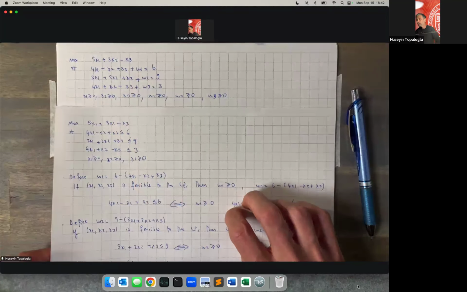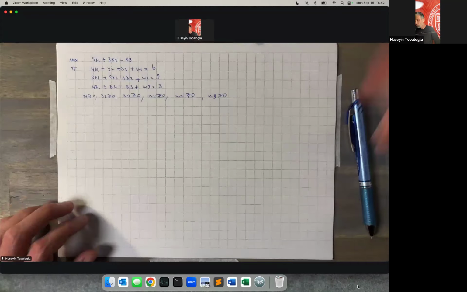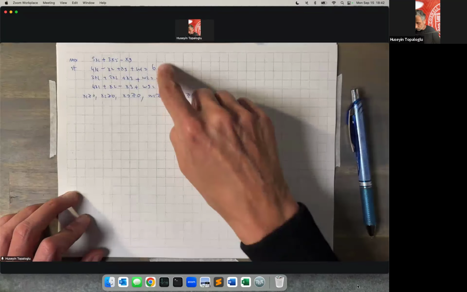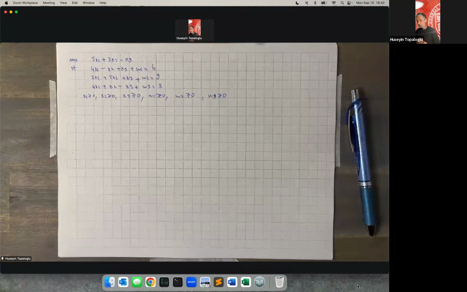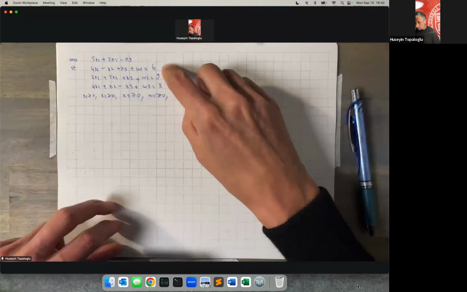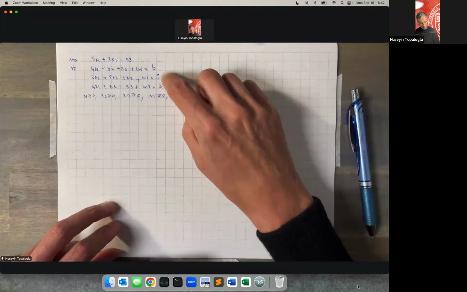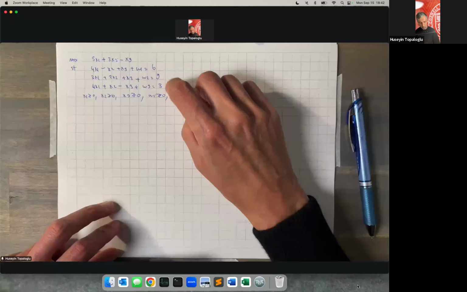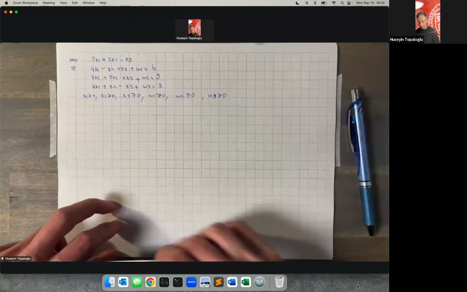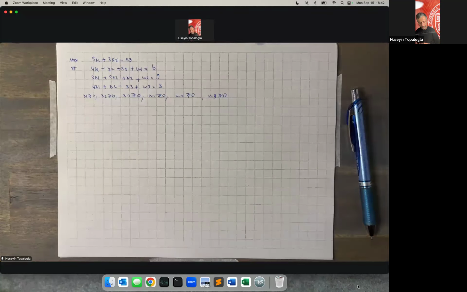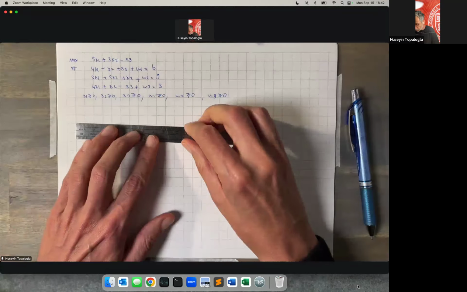So that is our first job when we solve a linear program through the simplex method. We write down all of our inequality constraints as equality constraints. The next thing we do is express our linear program as a system of linear equations.